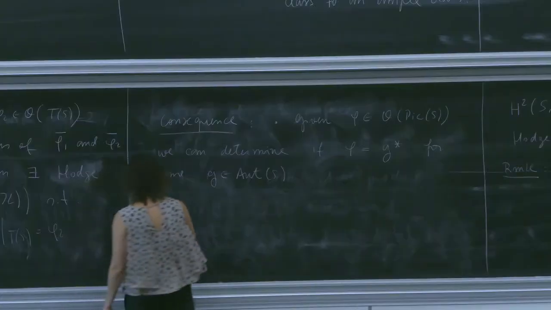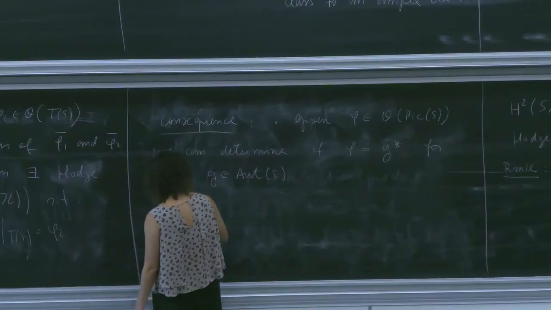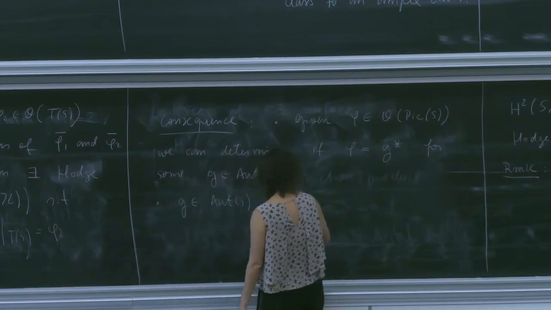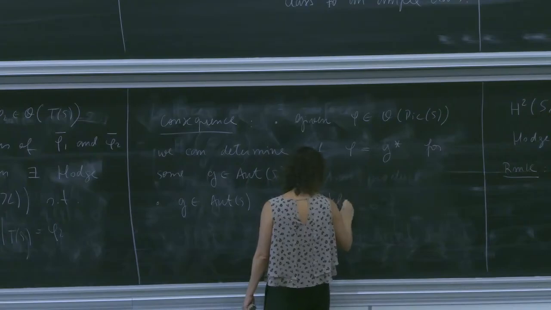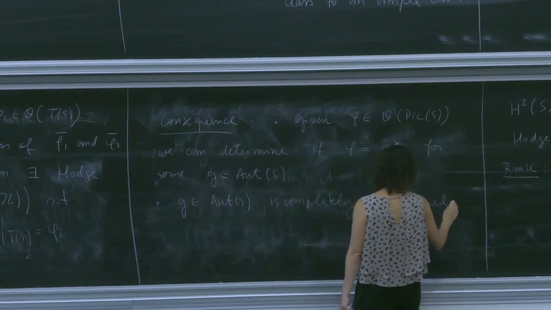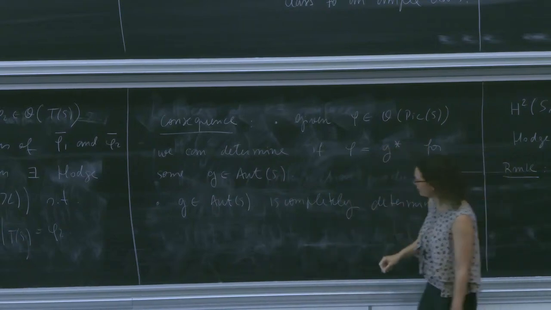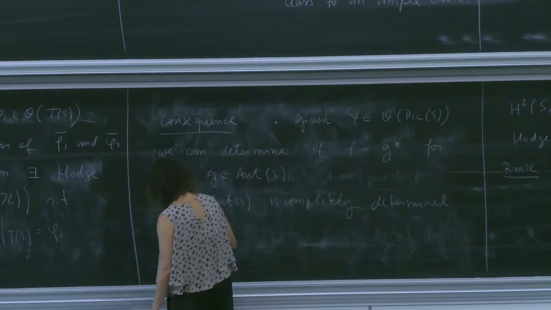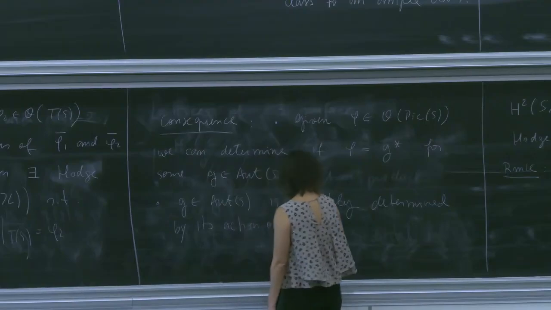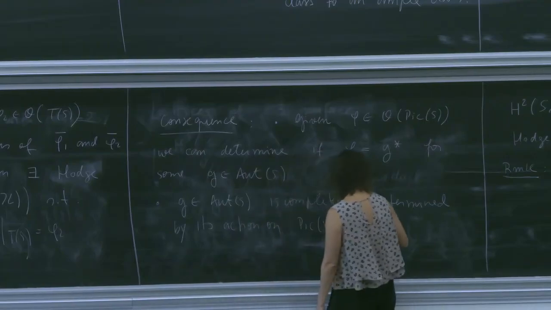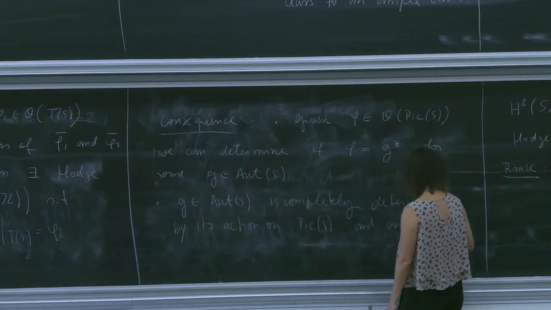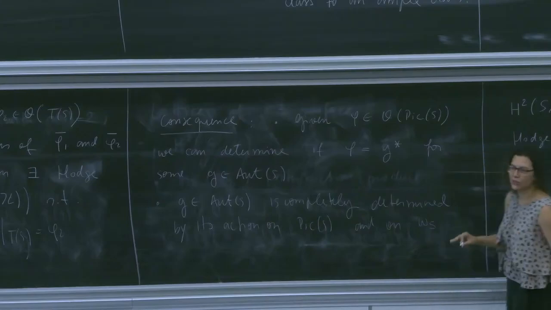But it turns out that an automorphism g is completely determined by its action on the Picard lattice and its action on the non-vanishing two-form omega_S.